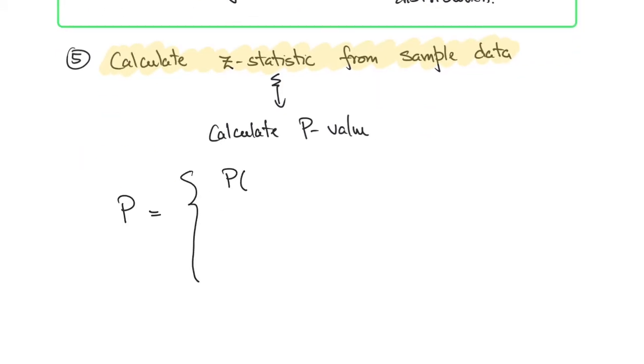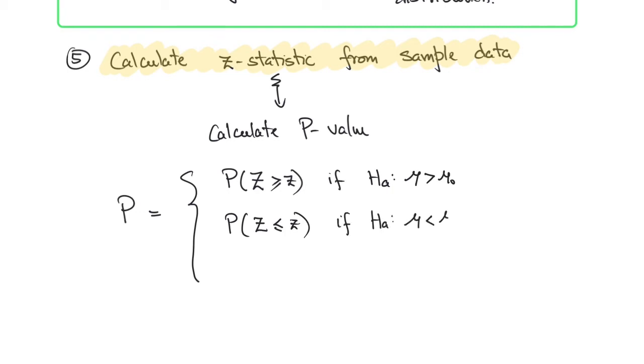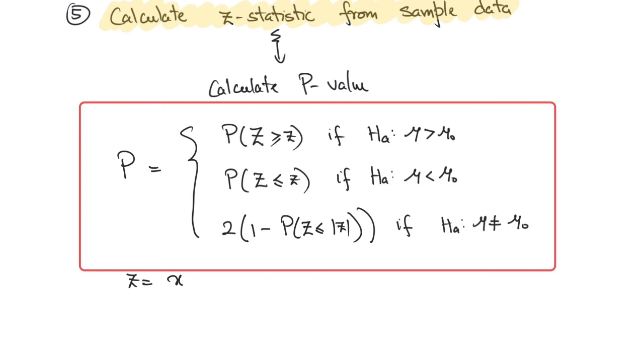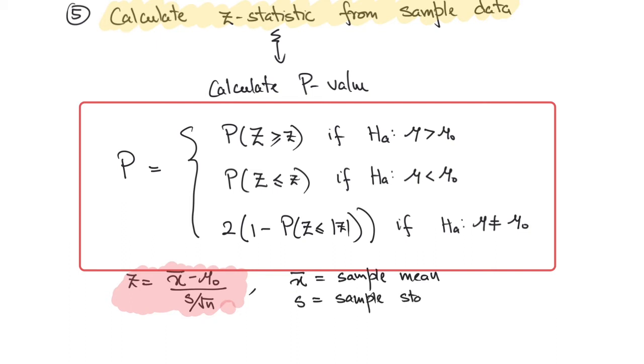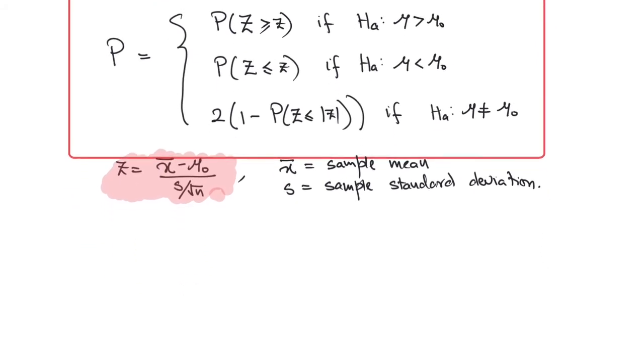When we're working with the alternative hypothesis mu greater than mu naught, we will calculate p as the probability of z greater than or equal to z, and the other two cases are as follows. Notice that small z is the test statistic x bar minus mu 0 divided by s over square root of n, where x bar is the sample mean and s the sample standard deviation.